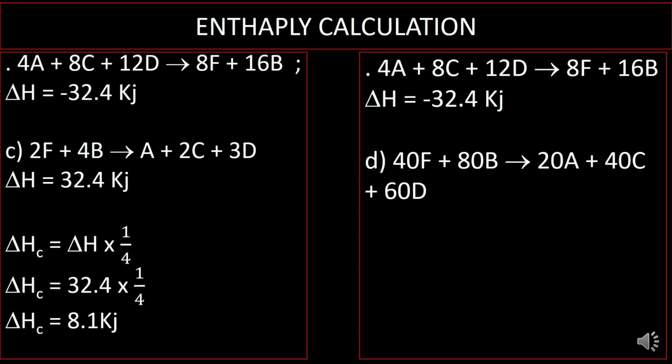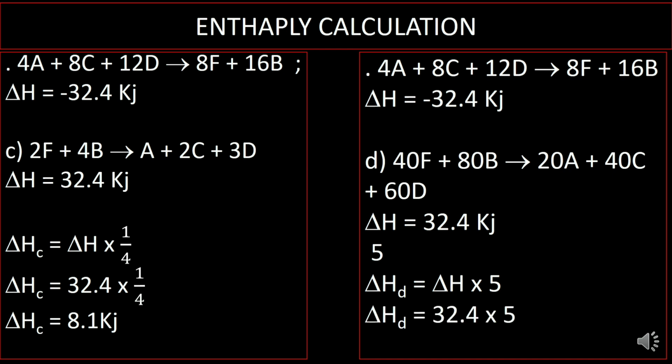Look at this and look at the general expression. If you multiply the reverse of the general expression by 5, you're going to get what is here. So the enthalpy change for question D is equal to the change in enthalpy times 5. That is 32.4 times 5. That is going to give us what?